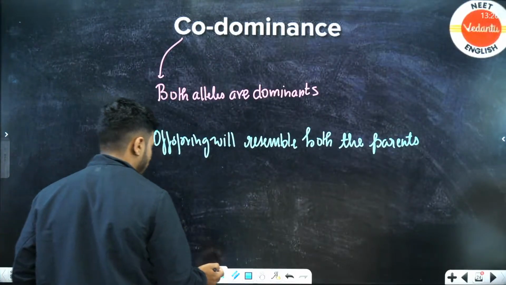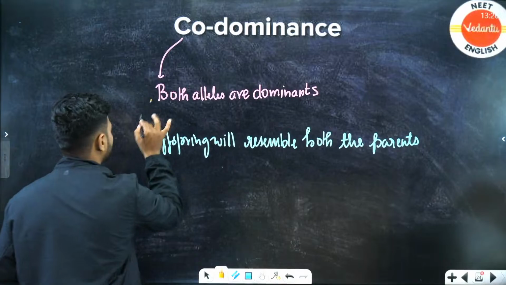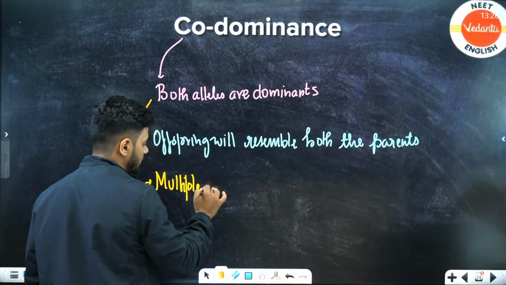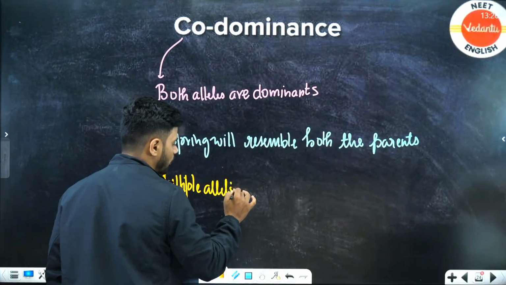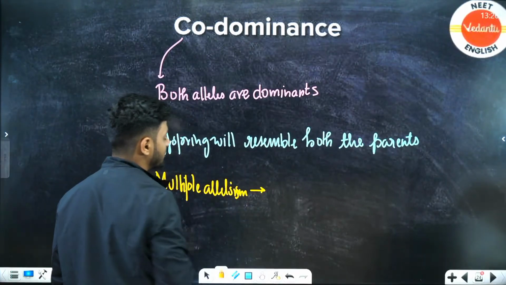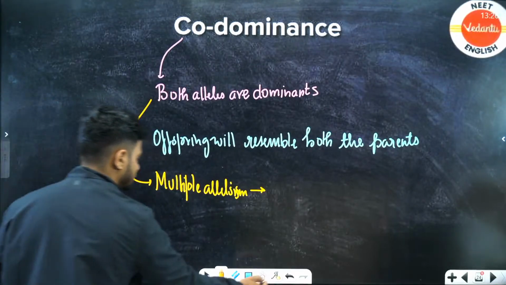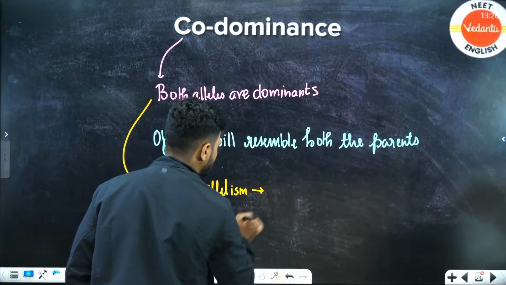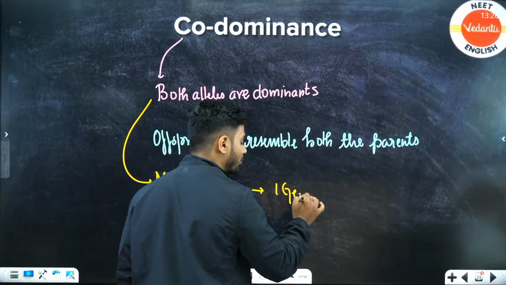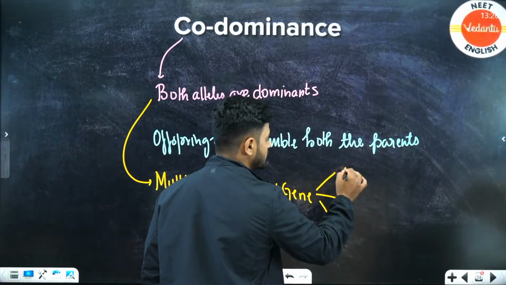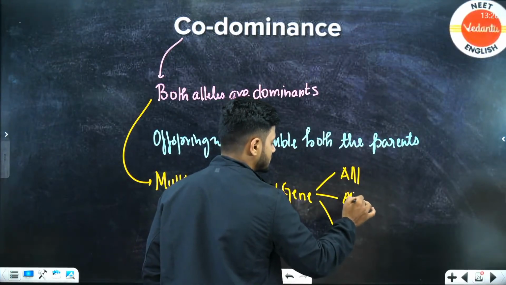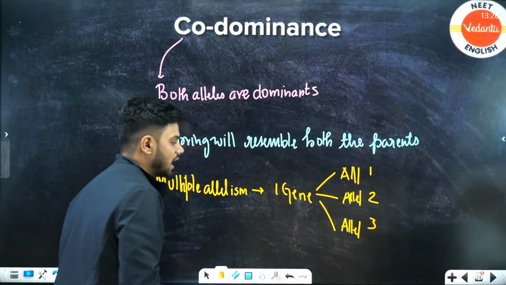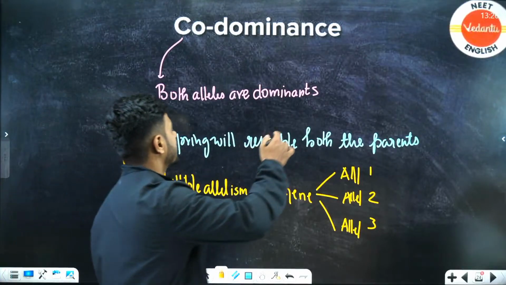To understand codominance, there is a concept called multiple allelism. Now, what is this multiple allelism, students? Multiple allelism is a simple concept which says that one gene can have multiple alleles. One such example is your ABO blood grouping.